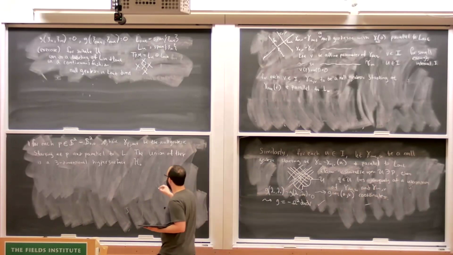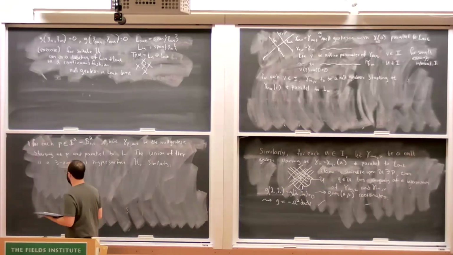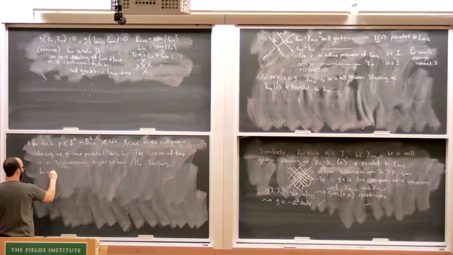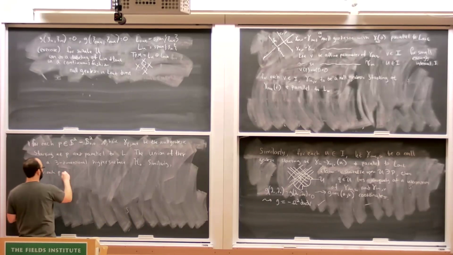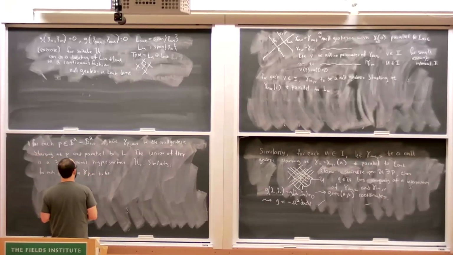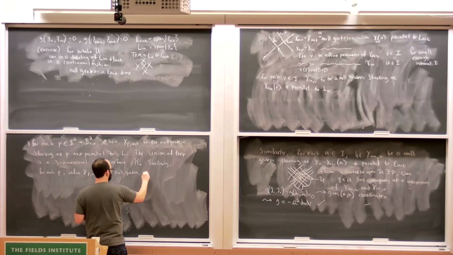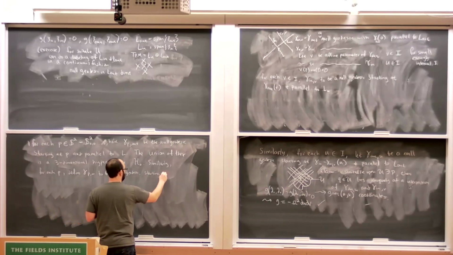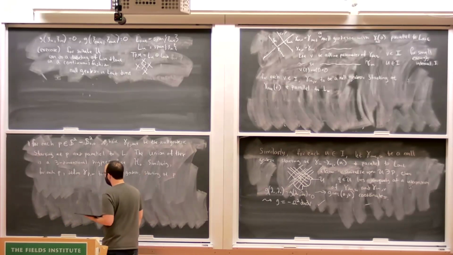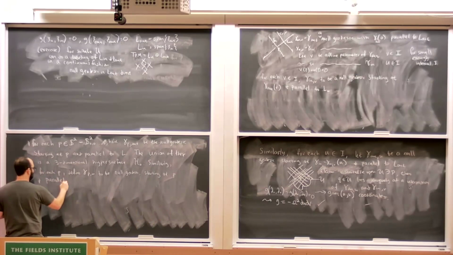And then similarly, for each p, define gamma p in to be a null geodesic starting at p and parallel to L bar, the other direction.